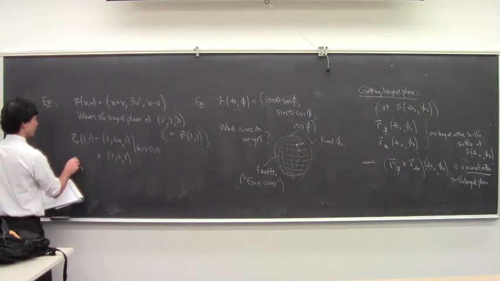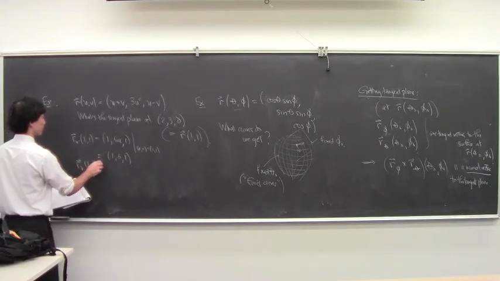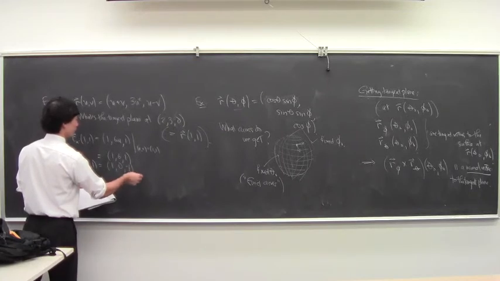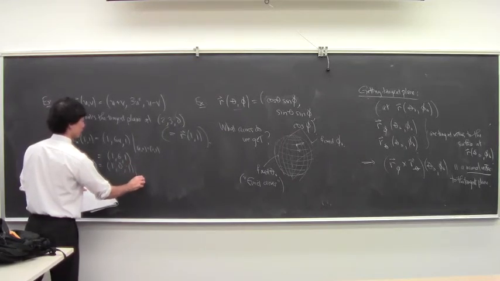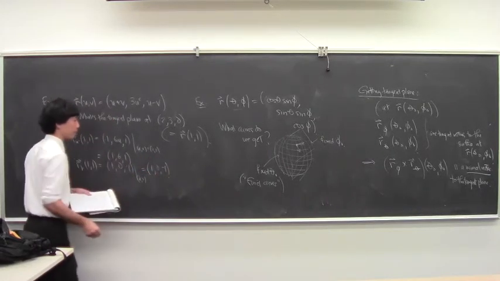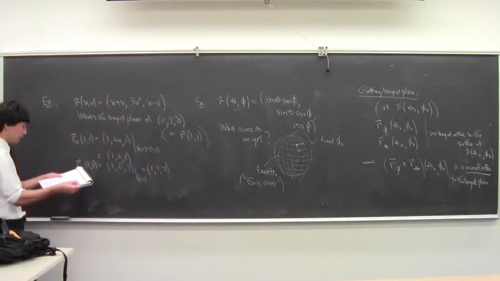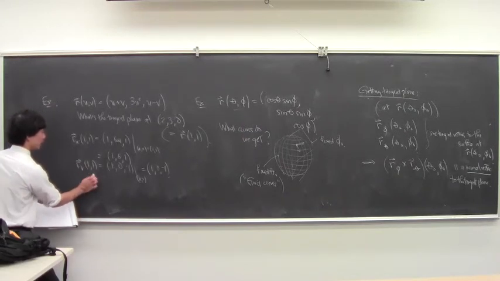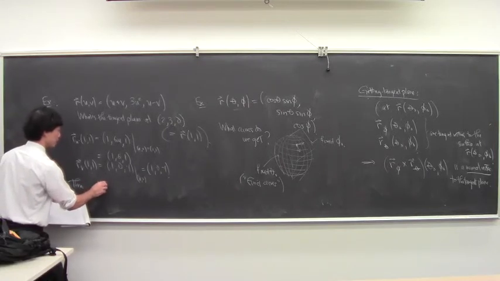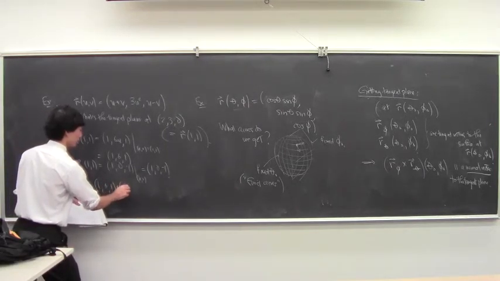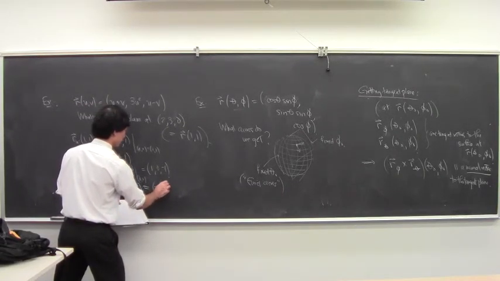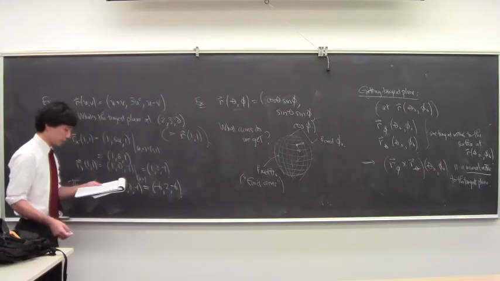You take the partial with respect to v, and you evaluate it at 1, 1. That's going to be 1, 0, negative 1, which evaluated anywhere is going to be 1, 0, negative 1. And then you take the cross product, so 1, 6, 1 cross 1, 0, negative 1 turns out to be negative 6, 2, negative 6.